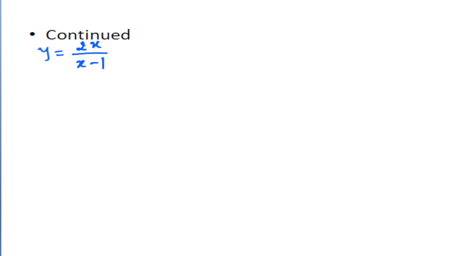Now the function is y in terms of x. Let us express this as x in terms of y. Shift this into left hand side. Carefully look at these steps, friends. What we need to do, multiply y to these two, x into y, xy minus 1 into y equals 2x. Now we need to express x in terms of y.